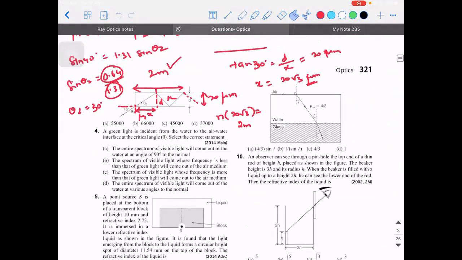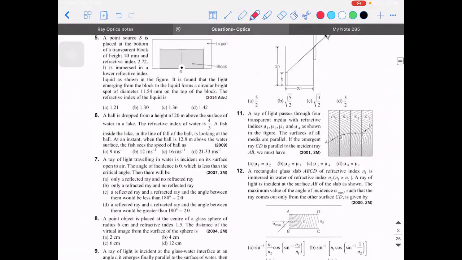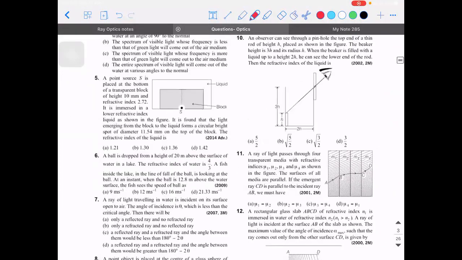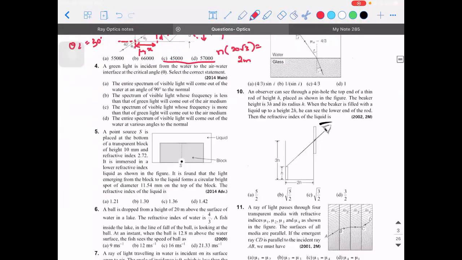So this was the last problem that we did, right? We'll try out some more problems based on refraction.